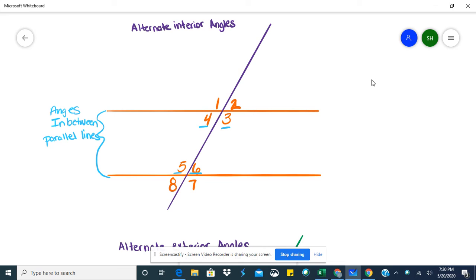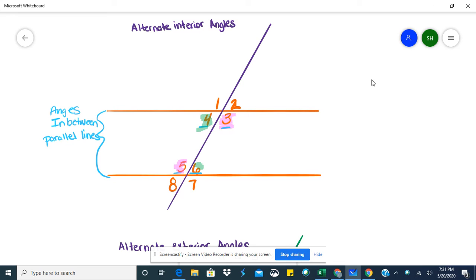When it says alternate, it's telling you that it's on the opposite side of the line. So angle 4 and angle 6 are alternate interior angles. Then we have angle 3 and angle 5, which are also alternate interior angles. Those angles are congruent or equal to each other.